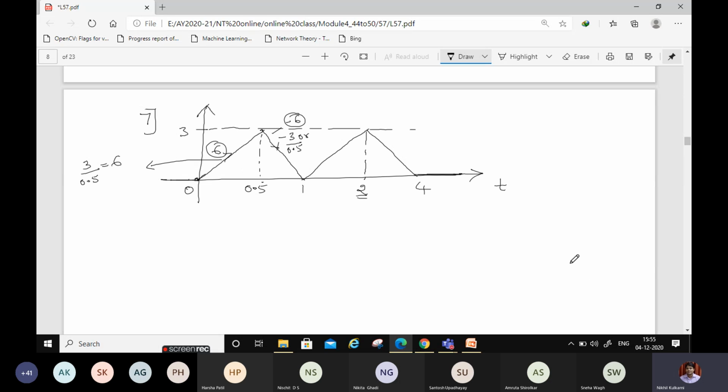Getting this? Or you can put the coordinates also, 0, 0 and X2, Y2 is 0.5, 3. So 3 minus 0, 0.5 minus 0. Same thing. Getting this, everybody? Yes, sir.